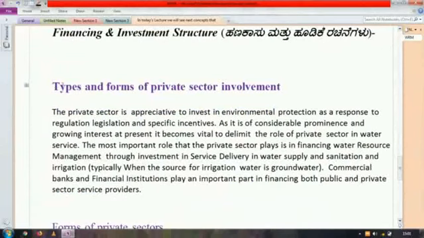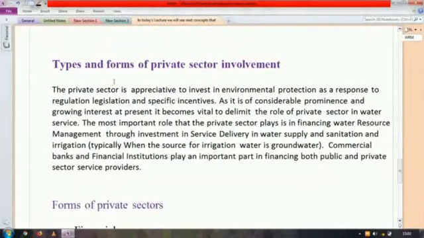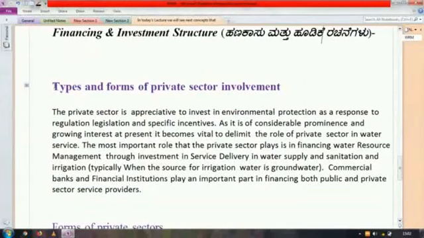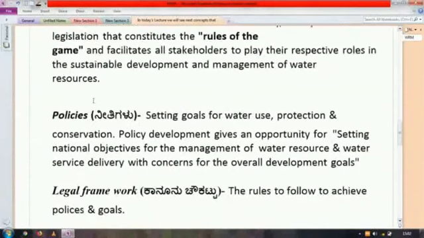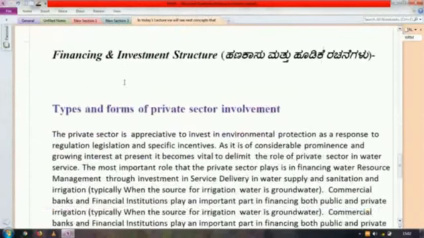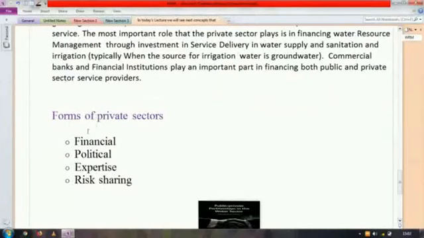So the next concept is types and forms of private sector involvement. Here there are types of private sector involvement and some forms of private sector. In the forms of private sector, we are able to see the financial aspects, political aspects, expertise and risk sharing.